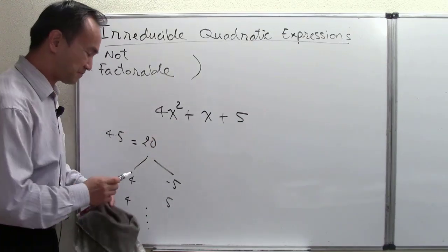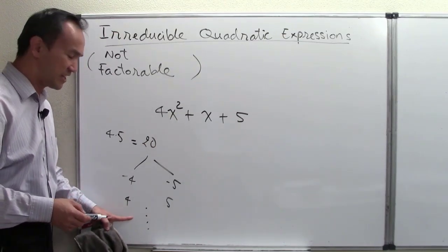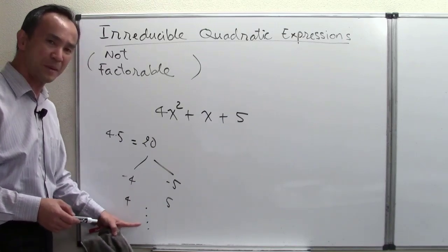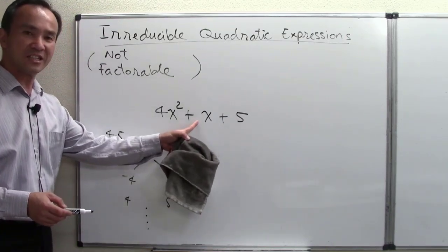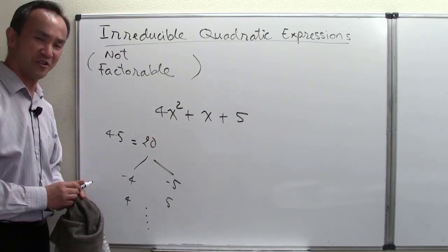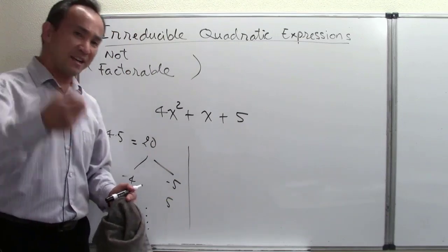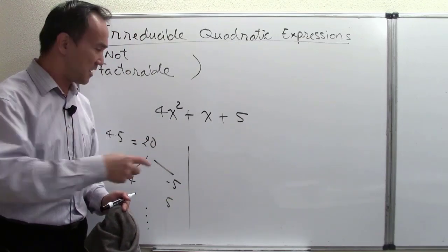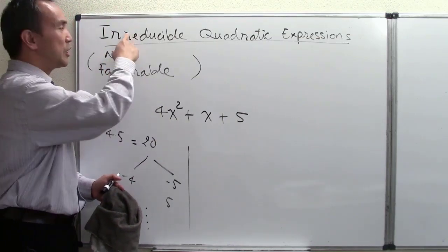You can give it a few more tries, and I can guarantee you, no matter how many more pairs of factors of 20 you find, you won't find a pair that sums to positive 1, the middle coefficient here. So it started ringing in our mind that maybe this is a quadratic expression that is not factorable, that is irreducible.